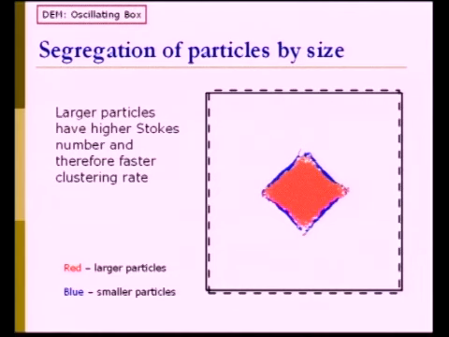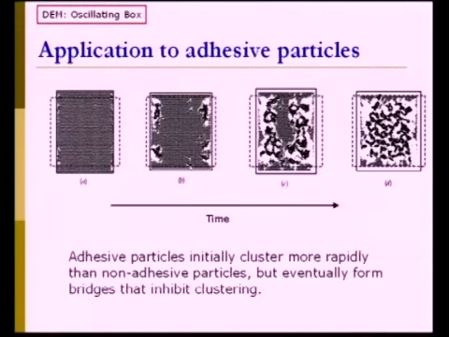After about 300 or so oscillations, what we find is structures like this occur, where the larger particles having a higher Stokes number will cluster rapidly, and the smaller particles with a smaller Stokes number will cluster and form a coating on the outside of this cluster. So whether this could be useful for forming some sort of self-assembly of structures or not, I don't know, but I thought it was interesting.